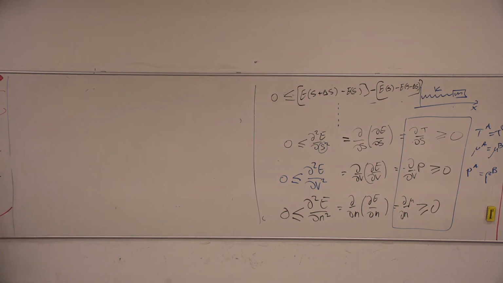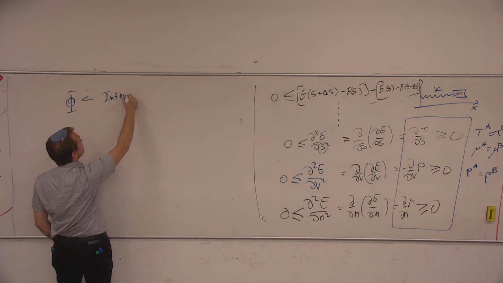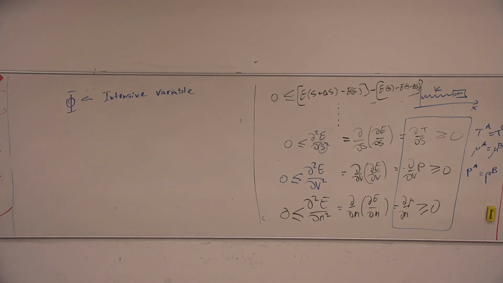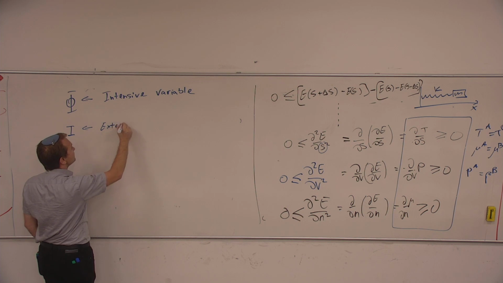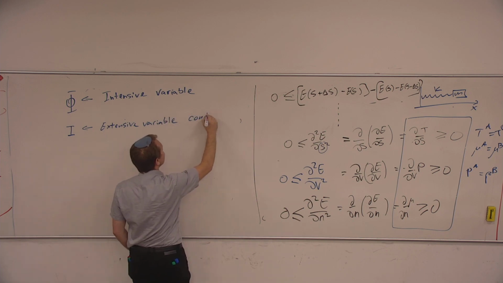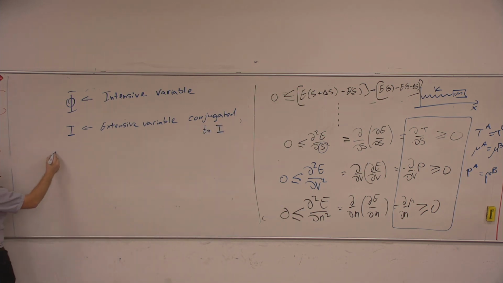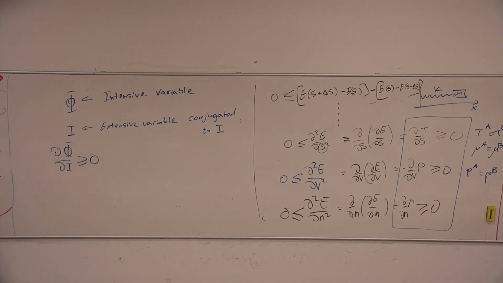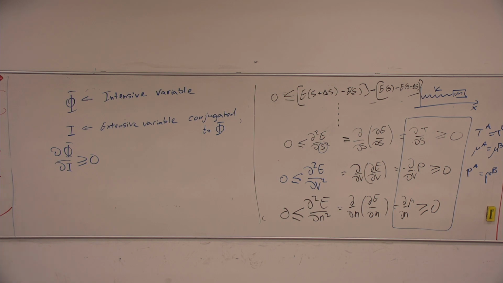So the general claim is: when I have phi, an intensive variable, and let's call it I, an extensive variable conjugated to phi, what we see is that d phi over dI has to be greater than zero. This has to be satisfied.